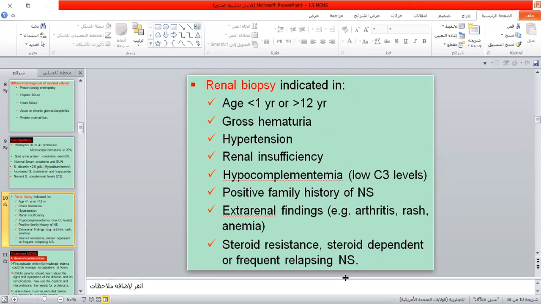If I suspect a patient has nephrotic syndrome, first I do simple routine investigations: urinary albumin, serum cholesterol, serum albumin, renal function, C3 level. Renal biopsy is indicated in these conditions.